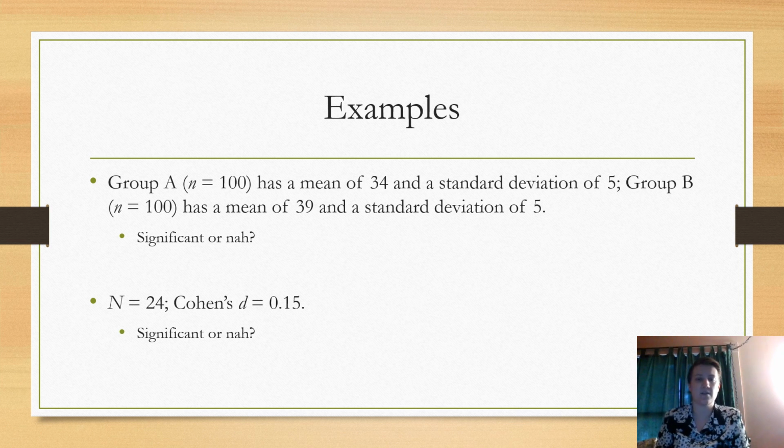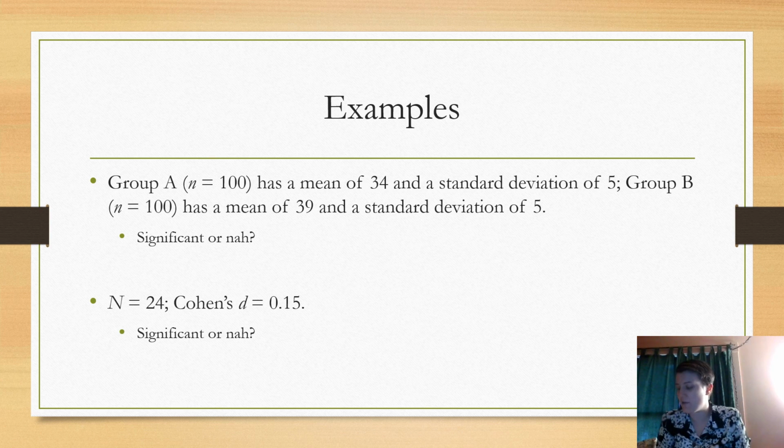The pooled standard deviation here is the standard deviation of group A plus the standard deviation of group B, divided by 2. Again, it's literally finding the average of the standard deviations. So 5 plus 5 divided by 2 is 5. Our pooled standard deviation for this first example is 5.